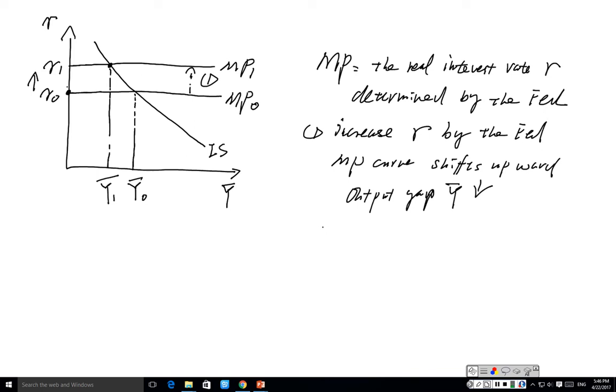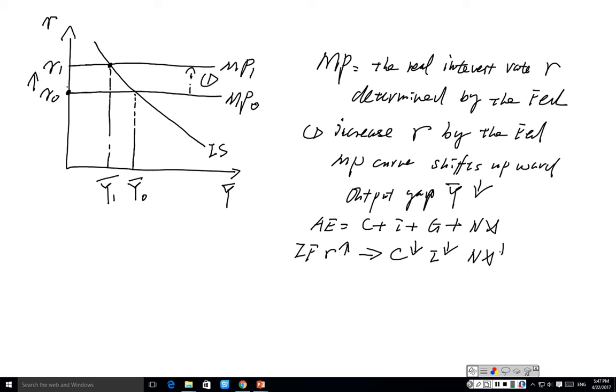Again, we have to use this equation: aggregate expenditure equals C plus I plus G plus NX. If the interest rate R goes up, people's consumption goes down, because people will borrow less money from the bank to buy houses and cars. Similarly, firms borrow less money from the bank to make investments, to buy equipment, machines, and buildings.